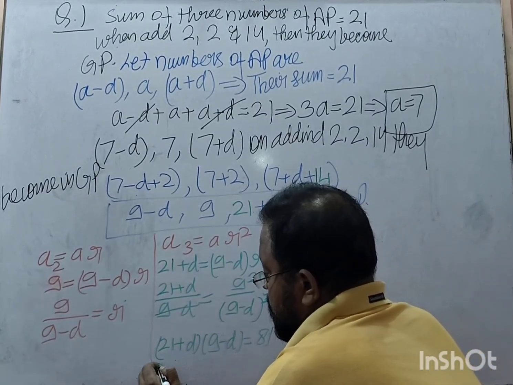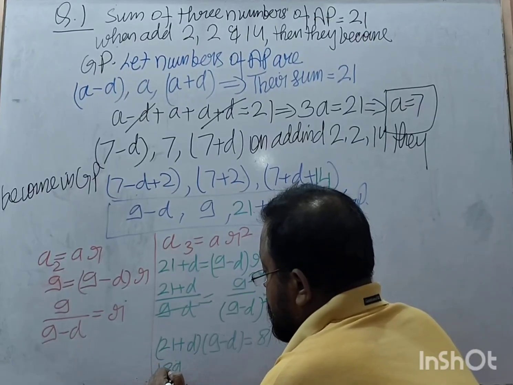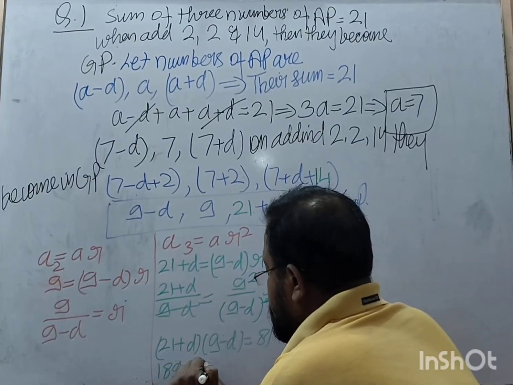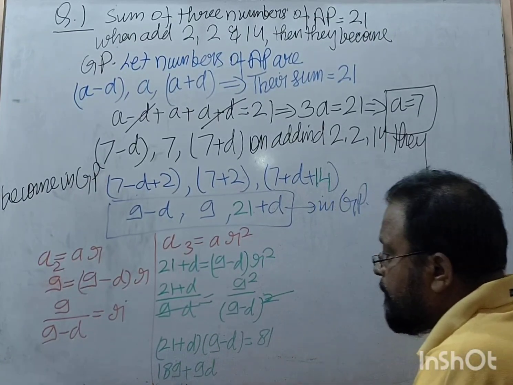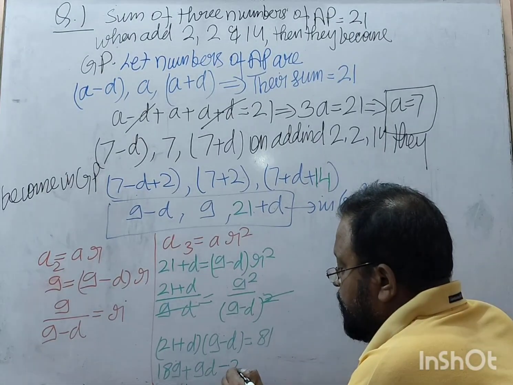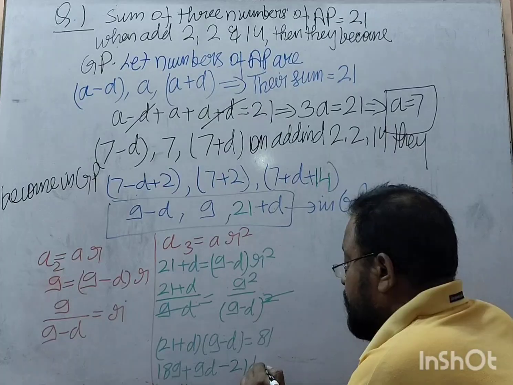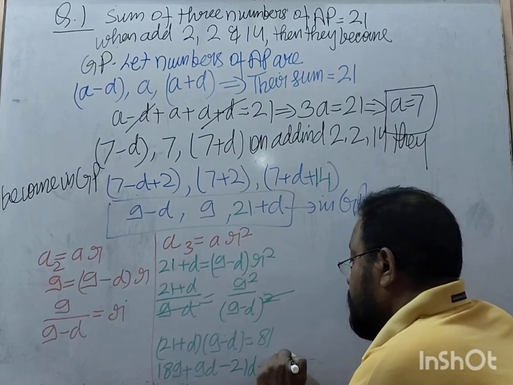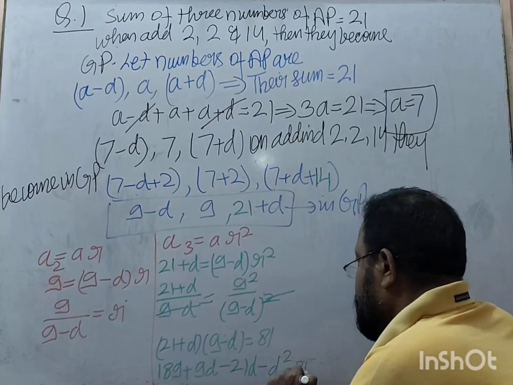This is 189 plus 9d minus 21d minus d square is equal to 81.